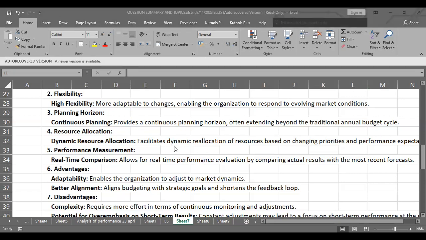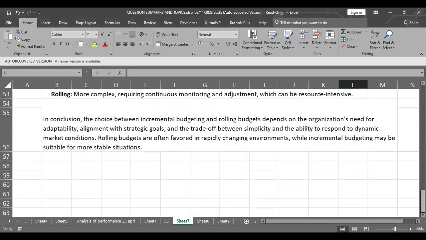It is similar to rolling. The factors are similar. But when you are dealing with the incremental, you take the previous budget and subject it to the changes. You can use actual; if actual is not there, you can use budgeted. But actual is always better because actual gives true data.